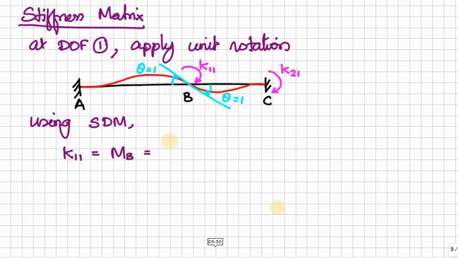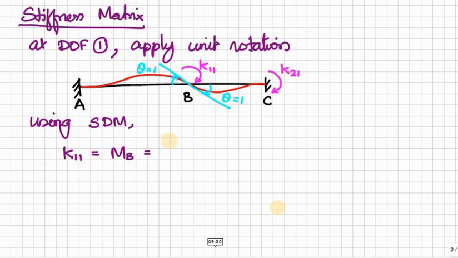So here, using the slope deflection method, MB is equal to MBA plus MBC, and MBA is nothing but 2EI by L into theta A plus 2 theta B minus 3 delta by L, plus MBC, 2EI by L, this is the general expression I am telling, then 2 theta B plus theta C minus 3 delta by L. In this case, theta A is equal to 0 because of fixed support, and theta C is also 0 because of the fixed condition due to the application of the unit rotation.